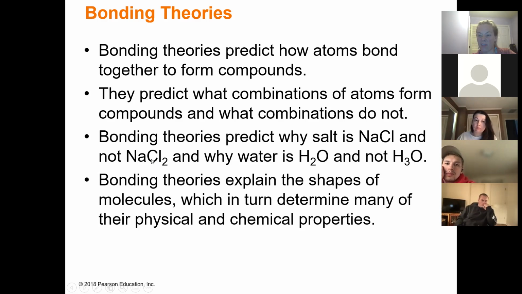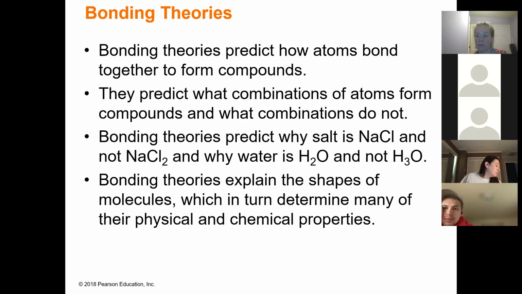We kind of already know that from the flip-flopping with the charge neutrality. You can also prove it with these bonding theories, but I think that the bonding theories are in general just more useful for non-metal stuff, like H2O, H3O, anything where you have 2 non-metals combined. So why is water H2O and not H3O? And what are the properties of H2O? Bonding theories will also help us to explain some of the shapes of these molecules, and the specific shape of the molecule will have deterministic physical and chemical properties. So if it's shaped in one way versus another way, it will behave differently.